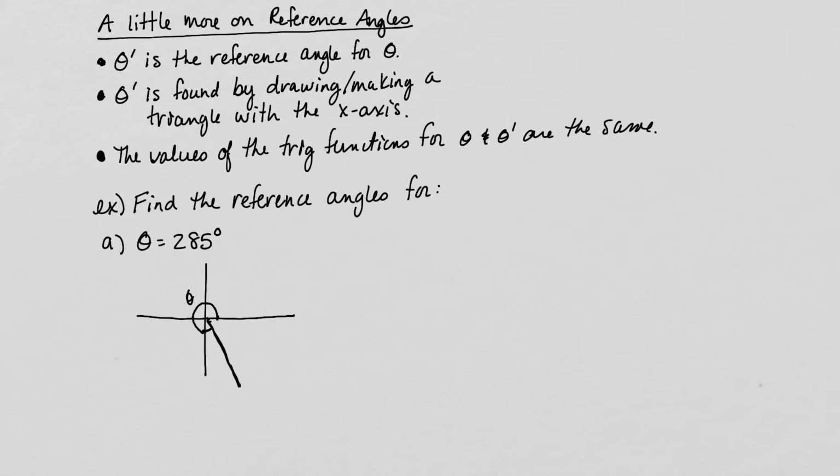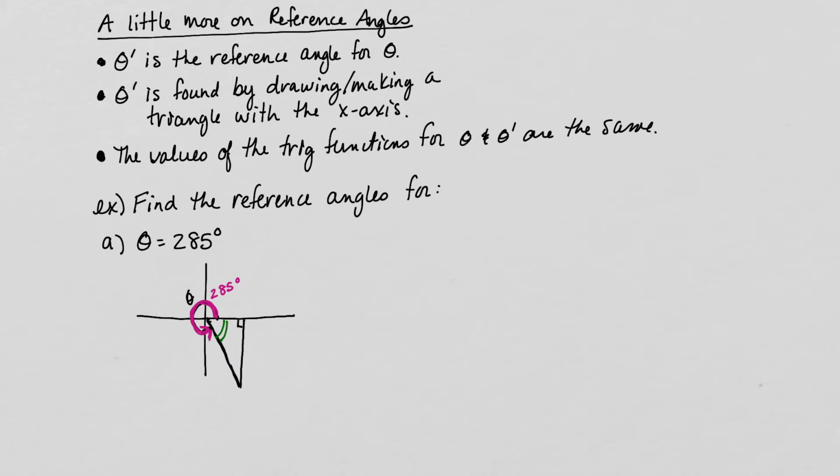To draw the reference triangle, I have to draw up to the x-axis. So all the way around here, this pink part, when I circle around, that is 285 degrees. And I want to figure out how much is that angle inside the reference angle, theta prime, the green angle.